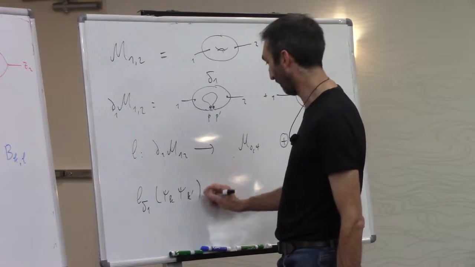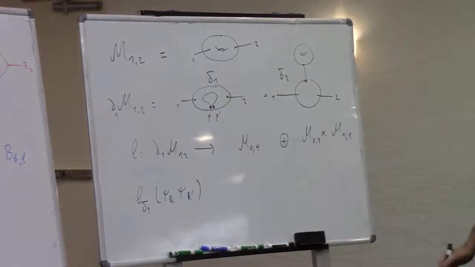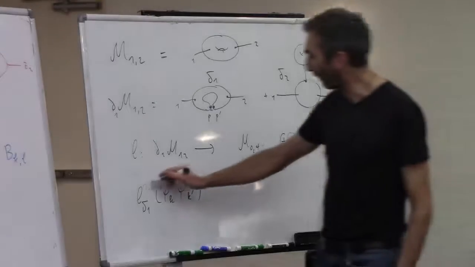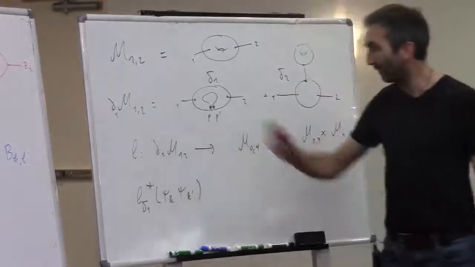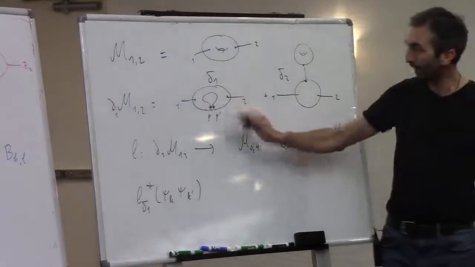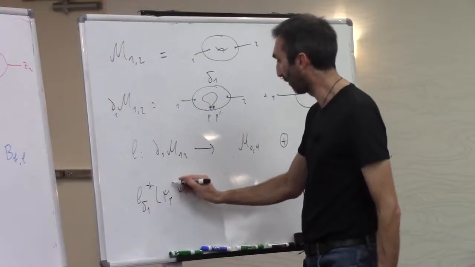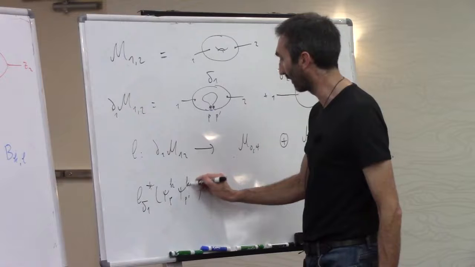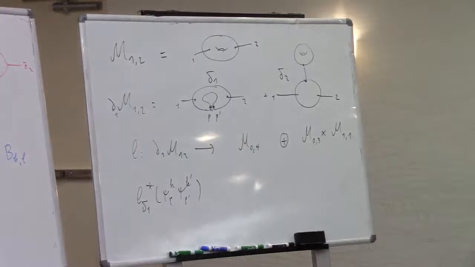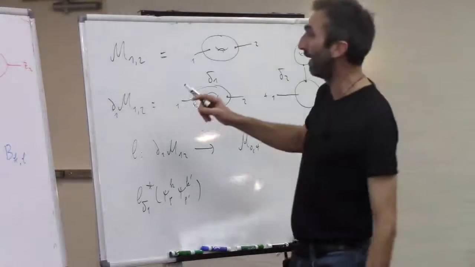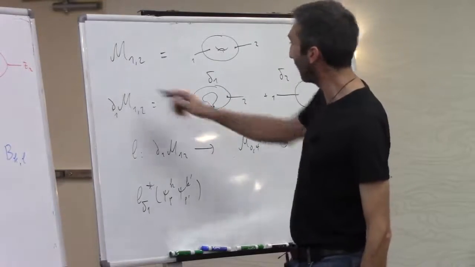Let's consider the pullback by this map of these pairs of psi classes, psi P to the power k and psi P prime to the power k prime. So now this is a cohomology class in M12.